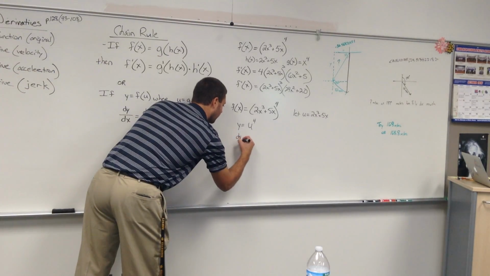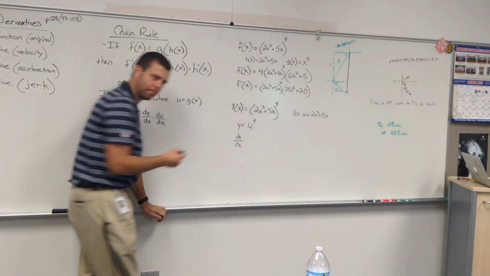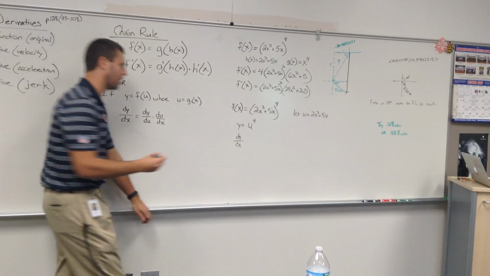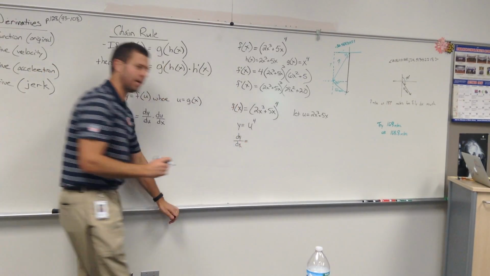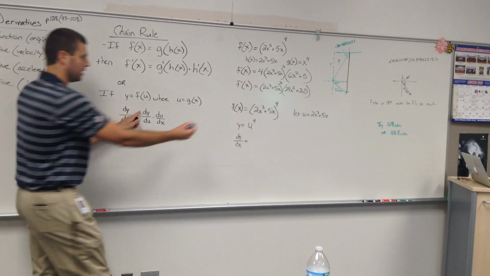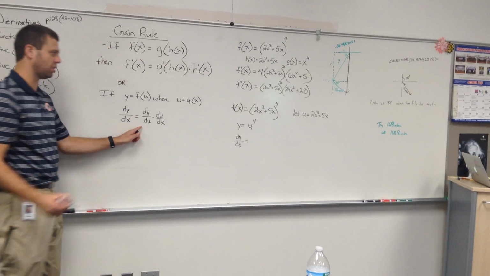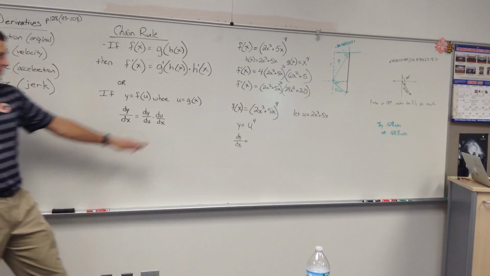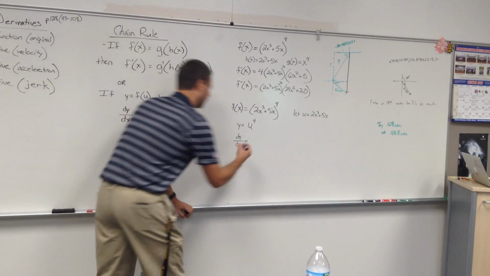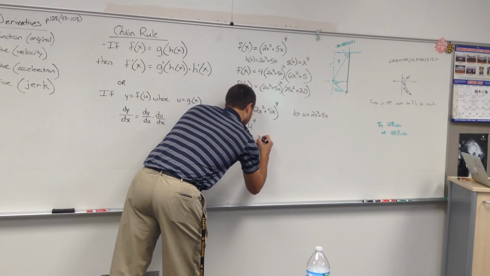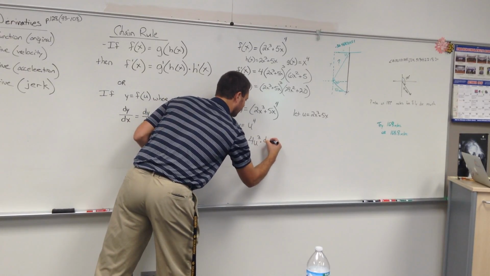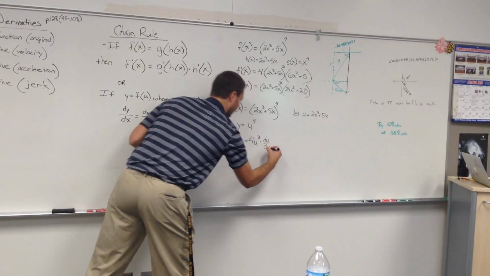So I'm going to write dy dx. I could write y prime, but I'm writing dy dx so you can understand how it relates to this. Now, what's the derivative of this with respect to u? In other words, what's the derivative of u to the 4th? 4u to the 3rd. But then we still need to take that times the derivative of u with respect to x.